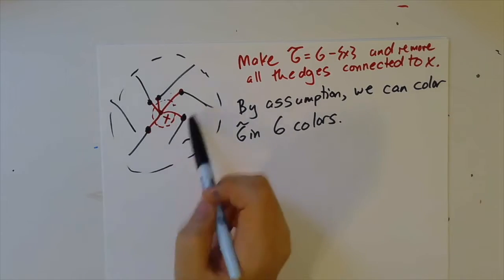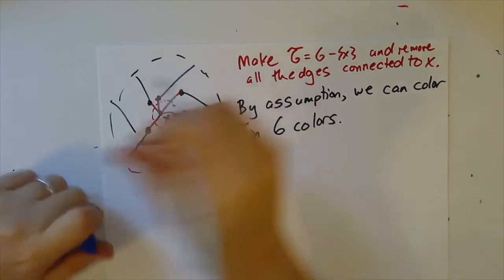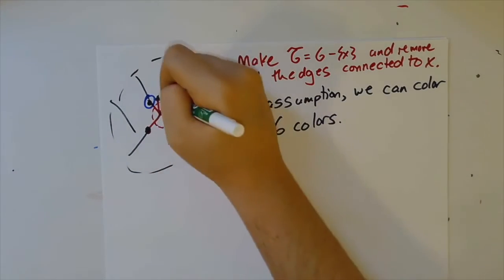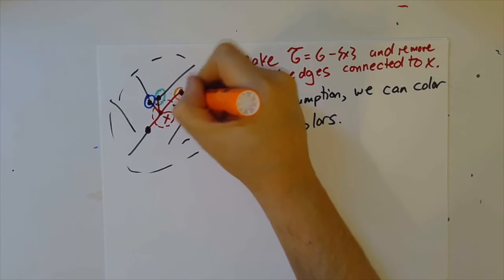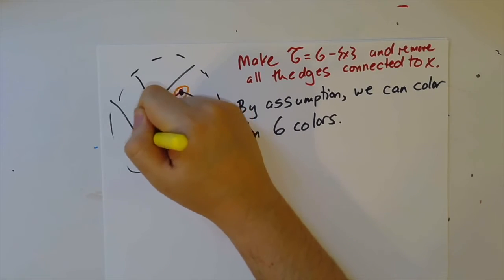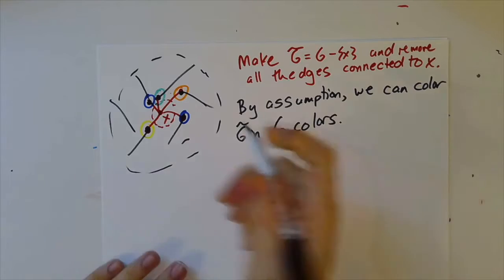Okay, so I've got now my coloring on this. So I color this thing in 6 colors, and let's just say here this vertex ends up blue, this one over here ends up blue, this one over here ends up green, this one over here ends up orange, and this one over here ends up yellow. But I color all the vertices in this whole graph, everything in G hat, in 6 colors.